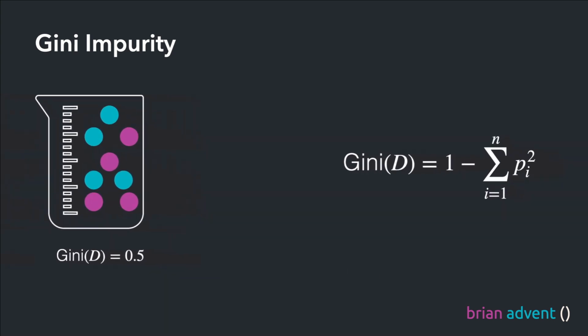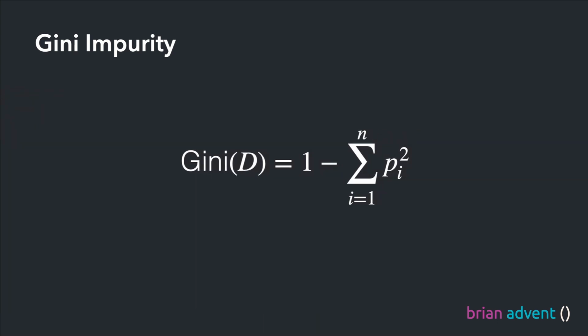So if we look at that in a more mathematical way, then we can say that we try to find the Gini impurity of a data set we call D. So what we're trying to do here is summing up the squared probabilities of each class. So what we have here is the probability of an item being classified into the class i, or in simpler terms, it's how frequent a class is in the data set.